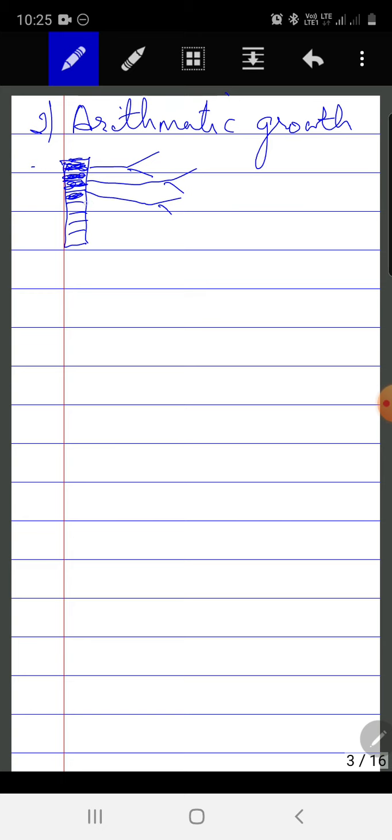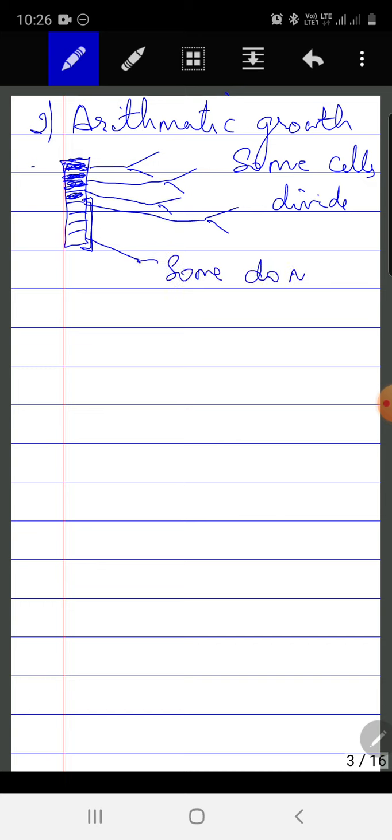Okay, right? But the rest of these cells, some cells, they do not divide. So you can write it as, some cells divide, some do not. Okay. What happens to these cells? Those who do not divide, there is a possibility that these cells differentiate.